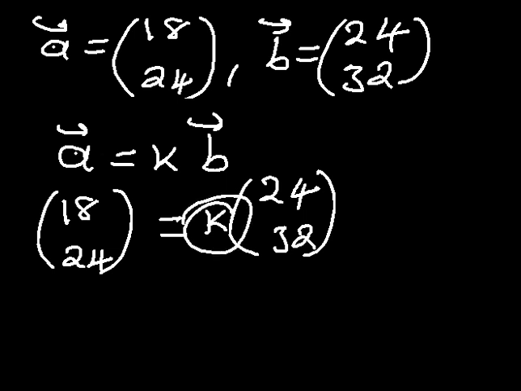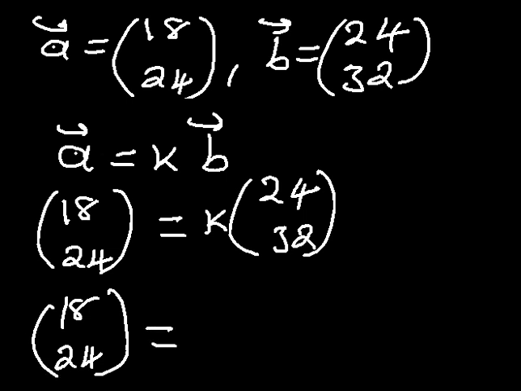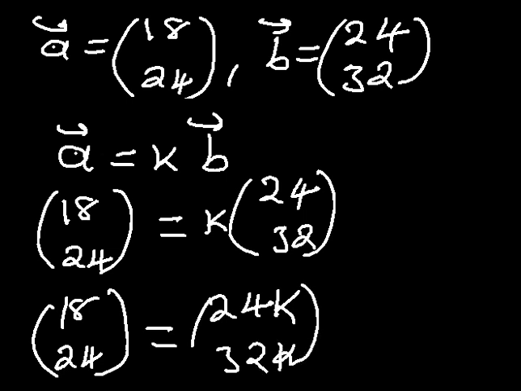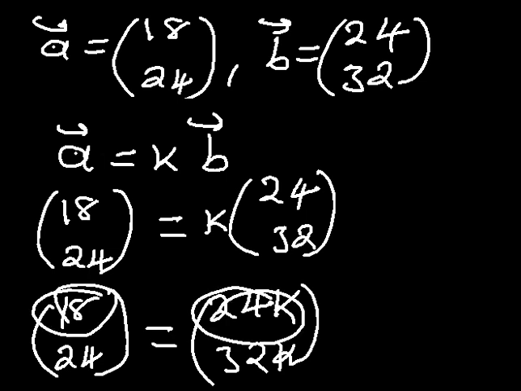Then we distribute the k, so 18 down 24 is equal to 24k down 32k. Mind you, this is the x component of the vector, and this is also the x component. This is the y component, and this is also the y component. Then we have to equate them.